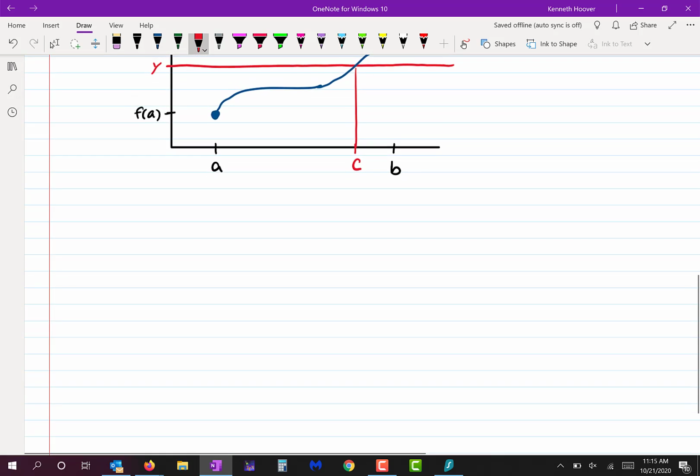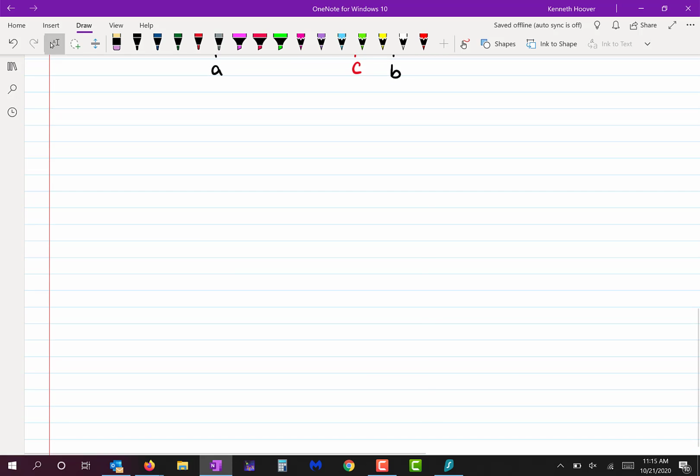We can use the intermediate value theorem to figure that out. Let me show you. Using the intermediate value theorem to estimate the square root of 2.